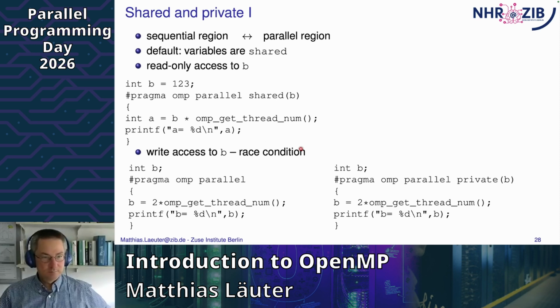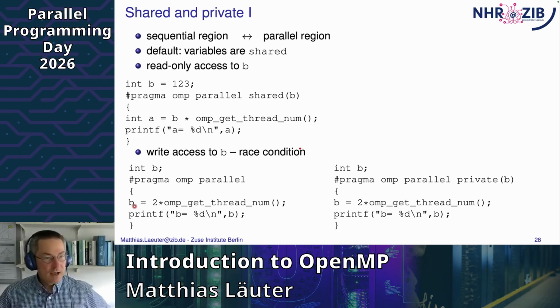Because b is shared, it is fine if b is accessed by a read statement only. If I write something to this variable b, then it is a problem. And of course, if two threads write to one variable, it's undefined which thread is the winner. We call it a race condition, or we can call it wrong code.